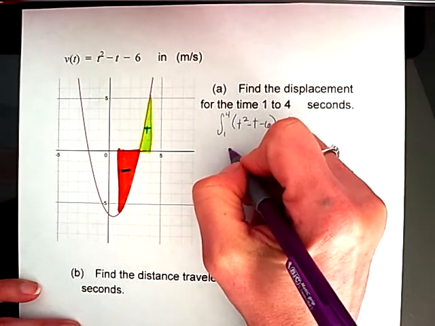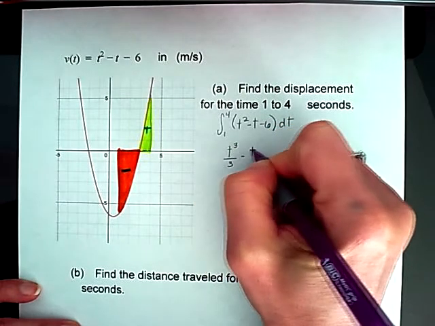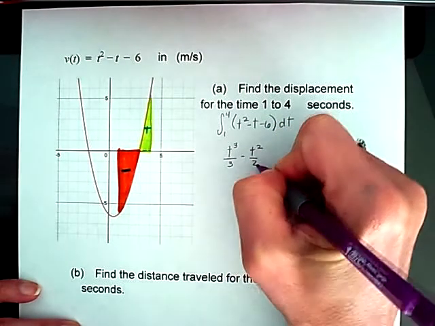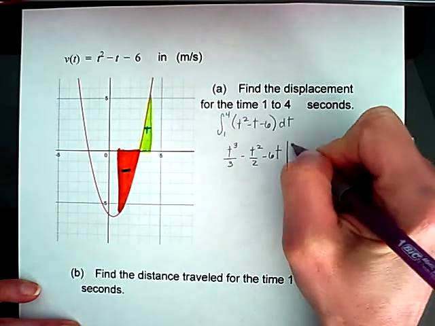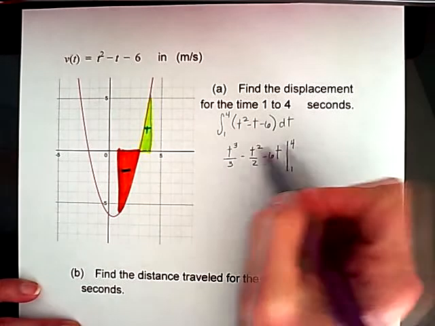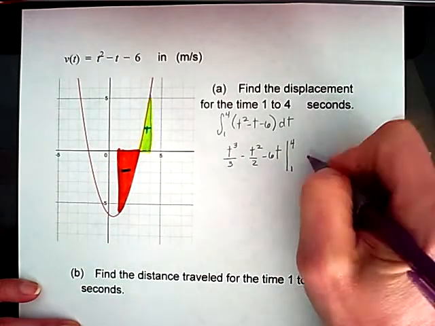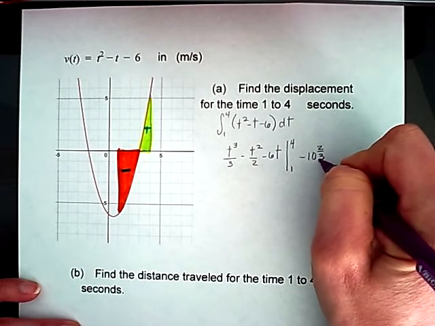So I find that antiderivative, t cubed over 3 minus t squared over 2 minus 6t, and I'm going to run that from 1 to 4. Very quickly, when I run my 4 through the function, I should end up with negative 10 and 2/3.